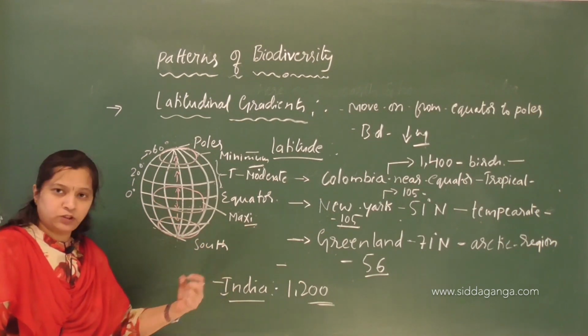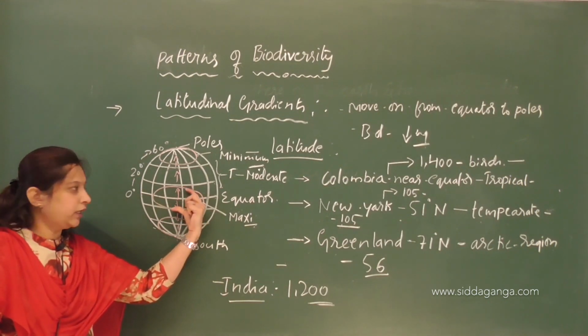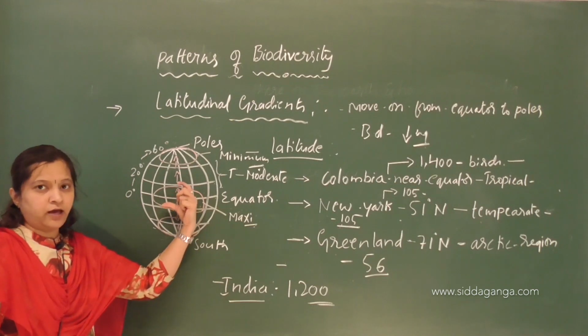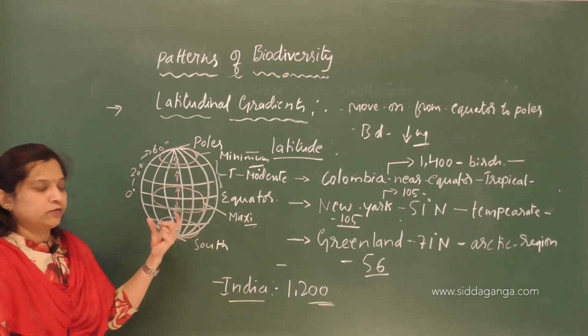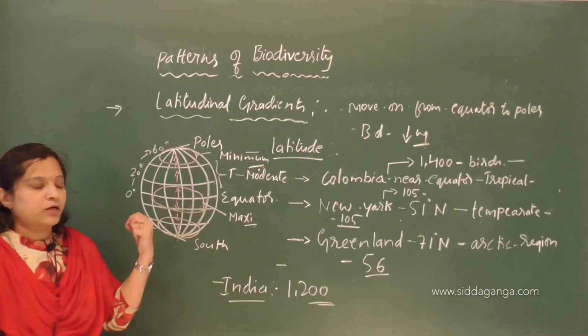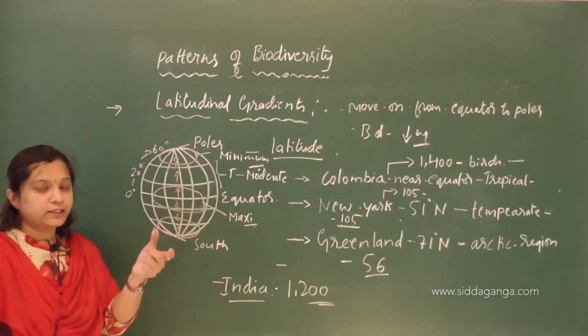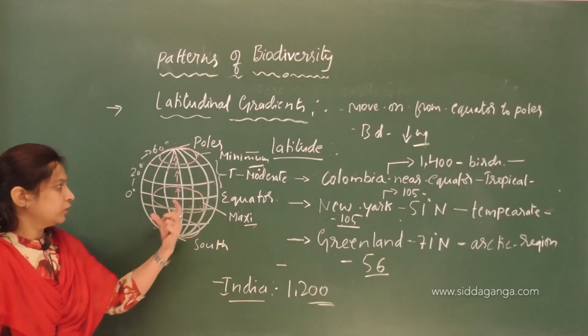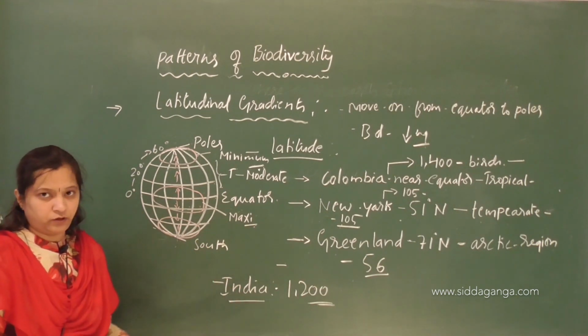That is why it has a large number of species. We already talked about the 45,000 species of plants and 76 species of animals. It is also one of the 12 mega biodiversity countries of the world.